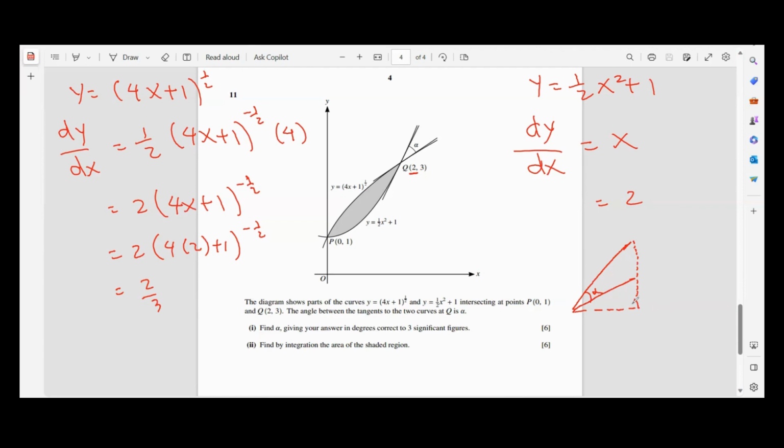So that alpha is the angle of this. Let us say this is alpha 1, and the big one is alpha 2. So alpha equals alpha 2 minus alpha 1.